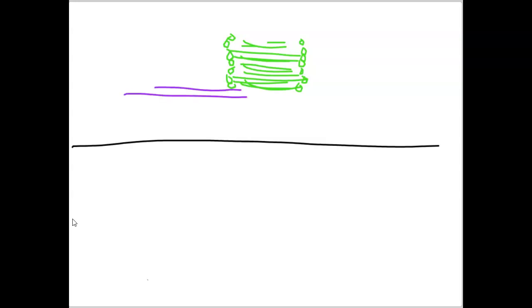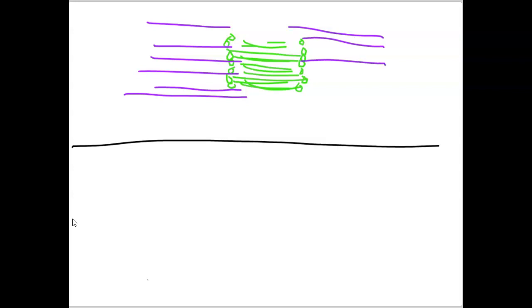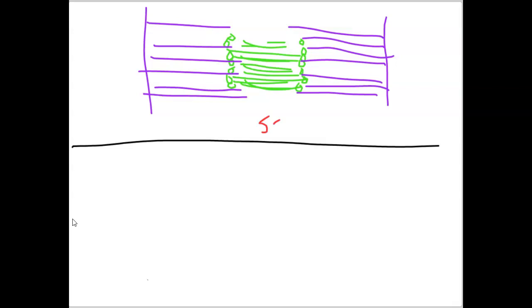And they are interacting with actin, as I'm drawing here, and this whole unit that I've just drawn is referred to as a sarcomere. And this is the basic subunit of a muscle fiber. This is the relaxed form.